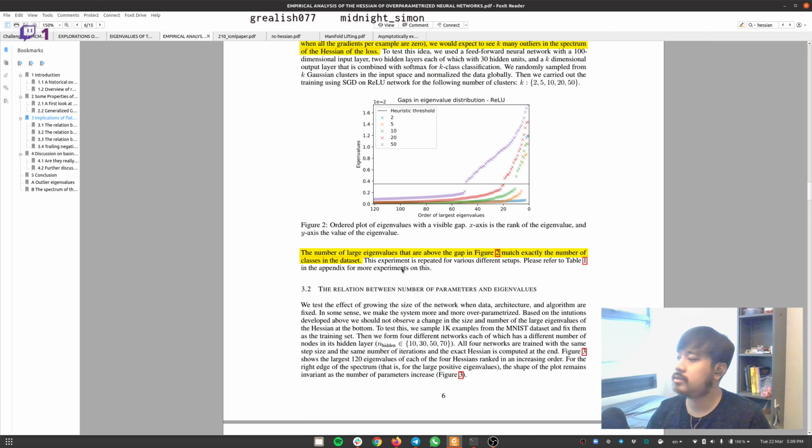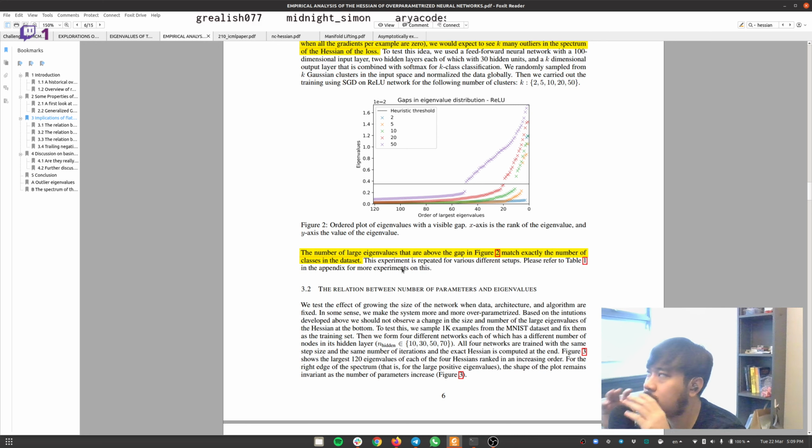Number of parameters. So the larger, then there's gonna be more zero.